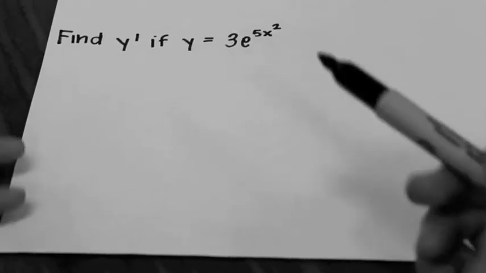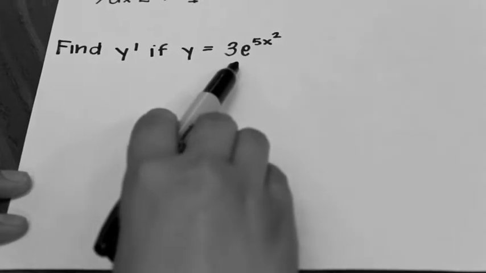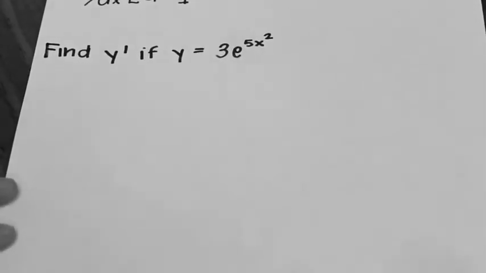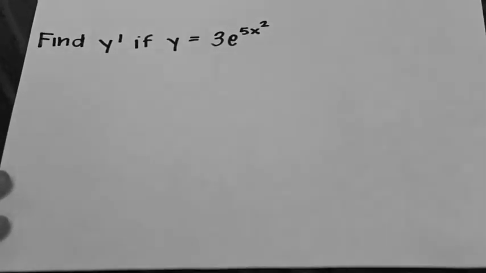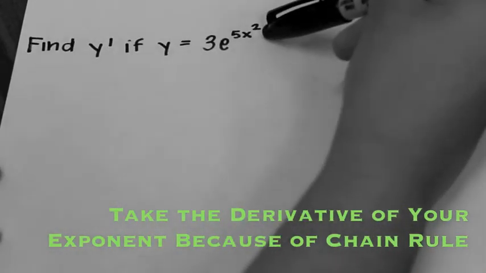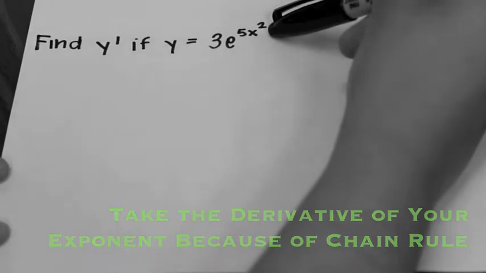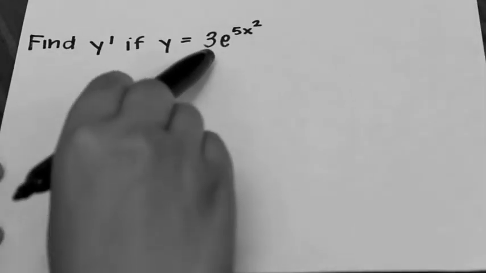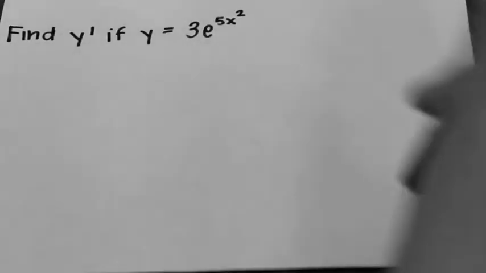So now we're going to go to an example. Find the first derivative of 3e to the 5x squared. You'd have to take the derivative of your exponent, 5x squared, which is 10x, and then your 3e to the 5x squared stays the same because of your first property.